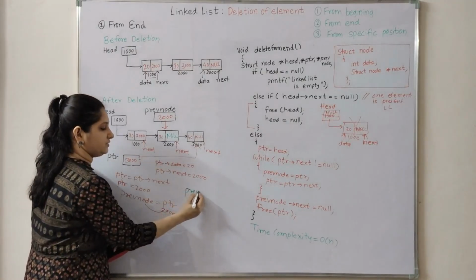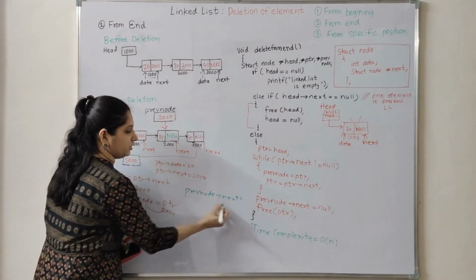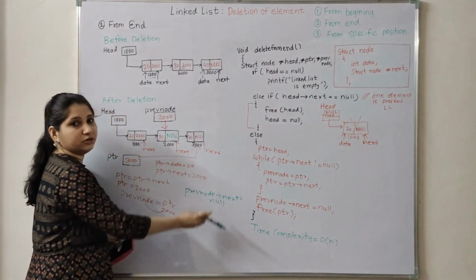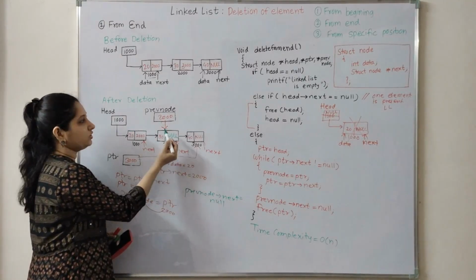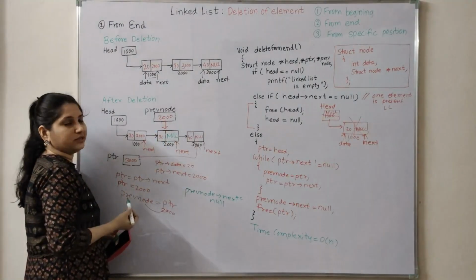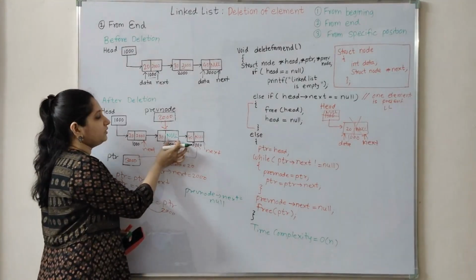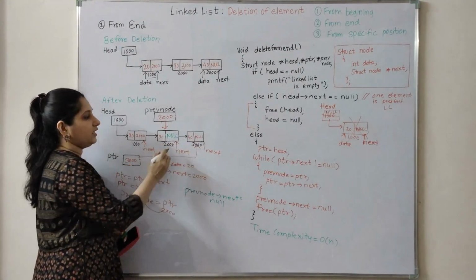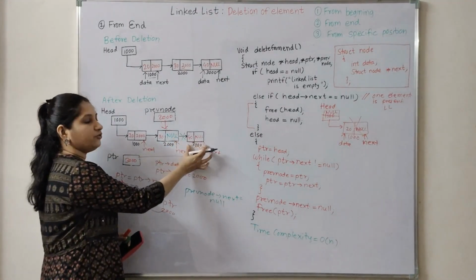Once we store previous node of next equal to null, this link will be deleted, and now we have to delete that element.